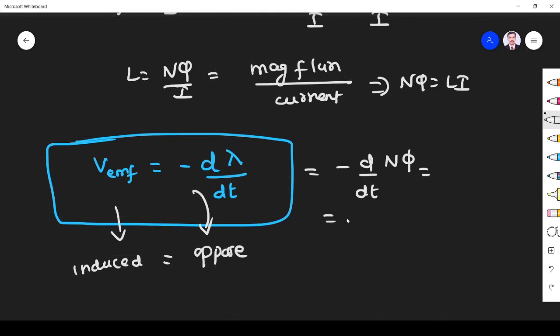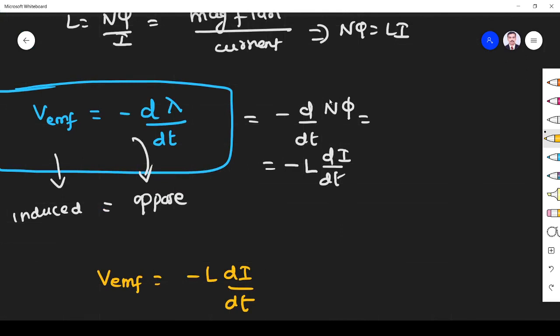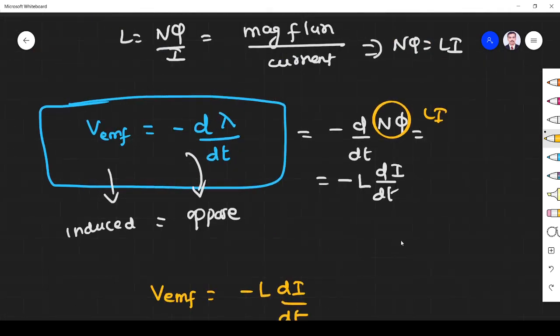So you bring the minus outside; L is a constant, so take it outside, leaving d by dt of i only. From here we write V EMF is equal to minus L di by dt. Instead of n phi, you substitute L i.